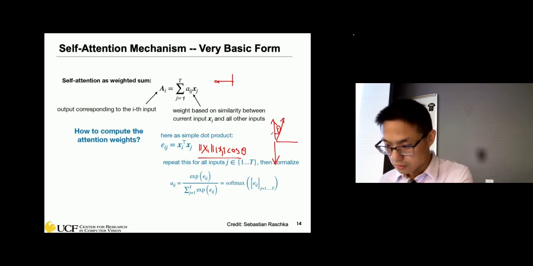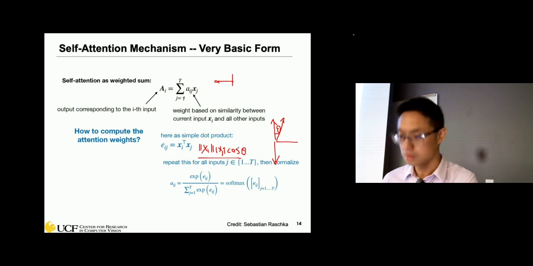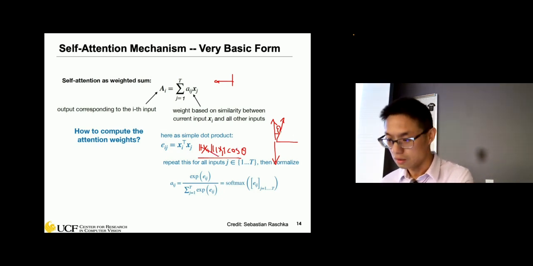Usually the dot product considers the magnitude of these two vectors, but if you only consider the cosine similarity, it is basically normalized. You consider how close these two vectors are in their high dimensional space, considering the angle.